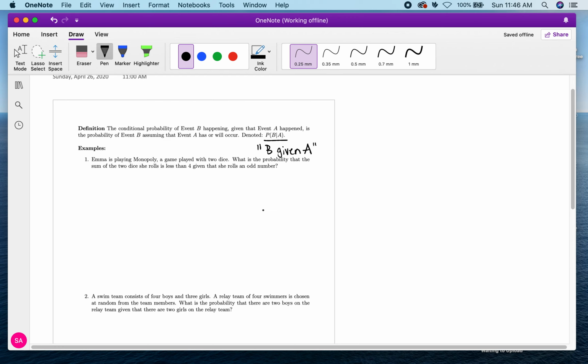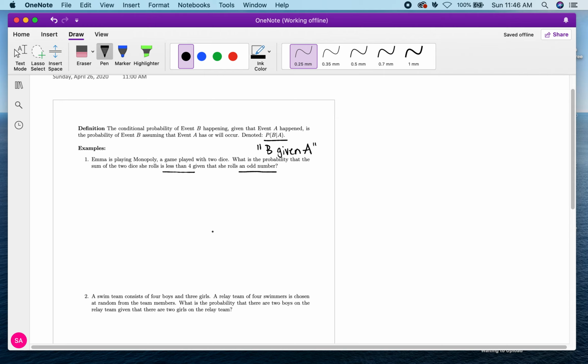So let's take a look at this first problem. Emma is playing Monopoly, a game played with two dice. What is the probability that the sum of the two dice she rolls is less than 4, given that she rolls an odd number?